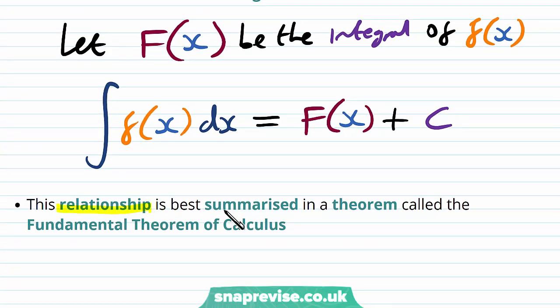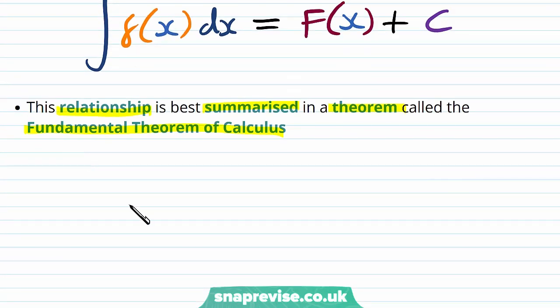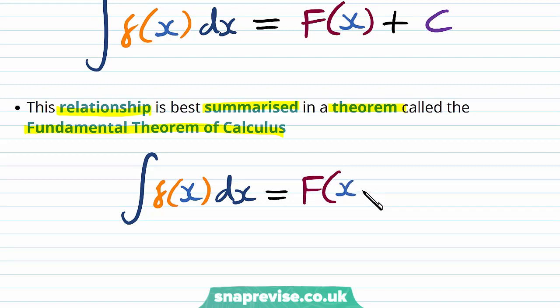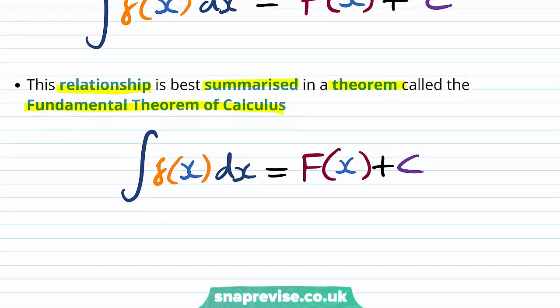This relationship is best summarised in a theorem called the fundamental theorem of calculus. If we indeed have that the integral of little f of x with respect to x is equal to capital F of x plus c, then it follows that when we differentiate capital F of x, we get little f of x.